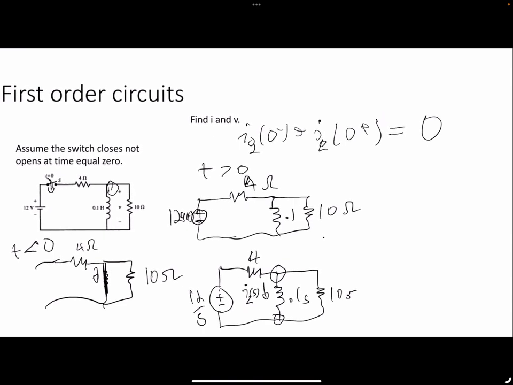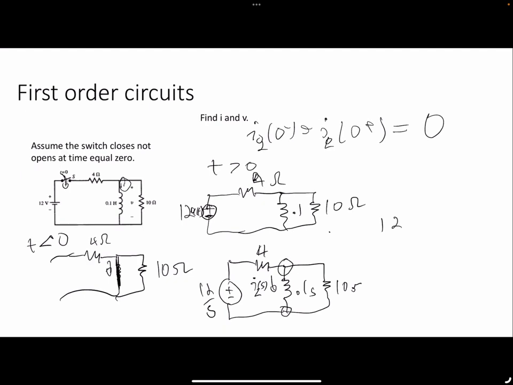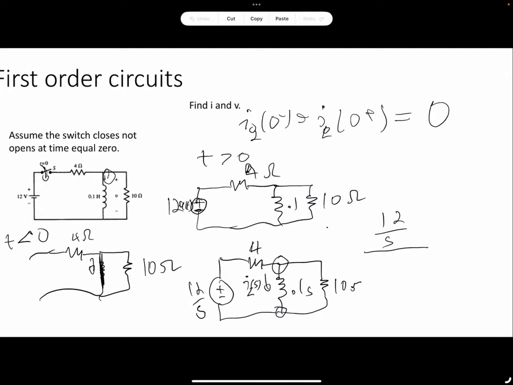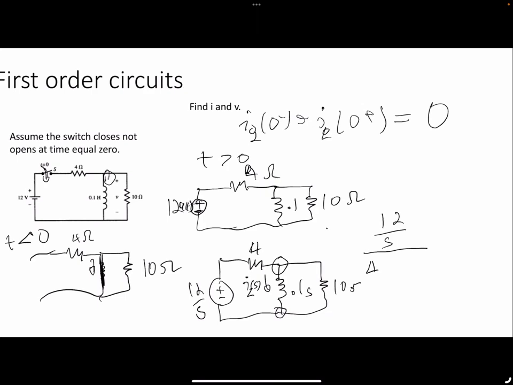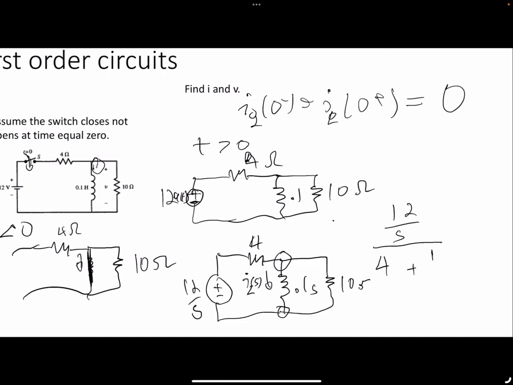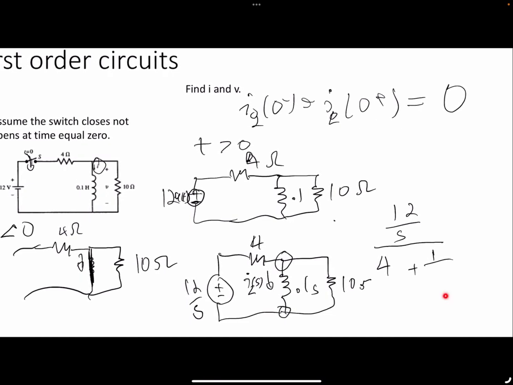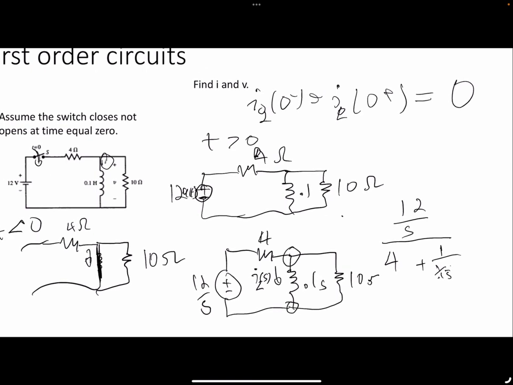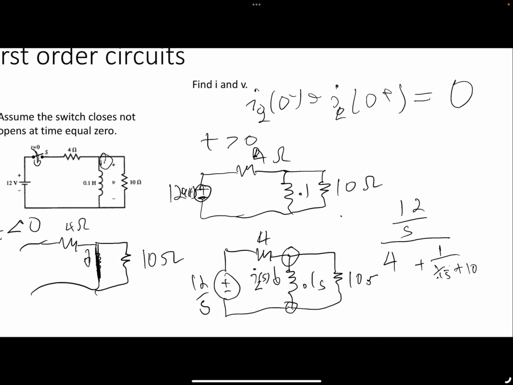Or is there a better way to do this? 12 over s divided by 4 plus 1 over, what is it, 1 over 0.1 s plus 10.